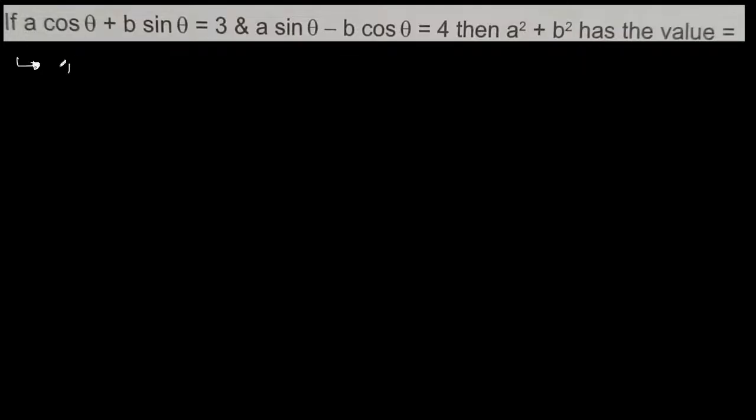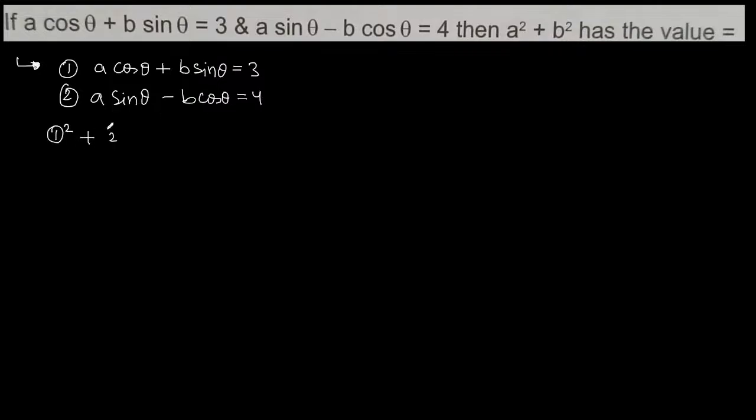If we have one as A cos theta plus B sin theta equal to 3, and second we have A sin theta minus B cos theta equal to 4. We'll square first and we'll add with the square of second.